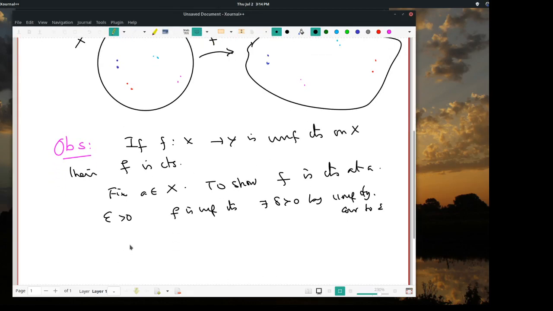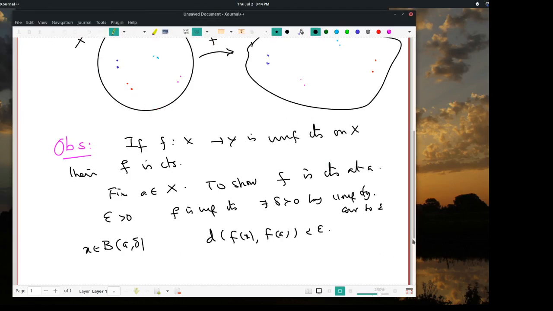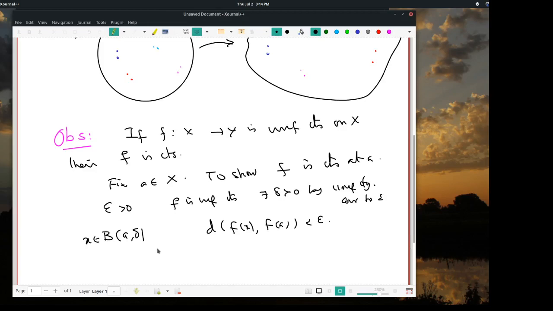Therefore, if I take any point x in the ball B(a, delta), then the distance between x and a will be less than delta, and hence the distance between f(x) and f(a) will be less than epsilon. Understand that? So, as a corollary, whatever point you take, for the same epsilon I will choose a single delta. This is a corollary of the definition.